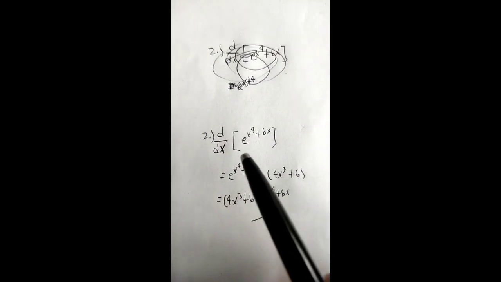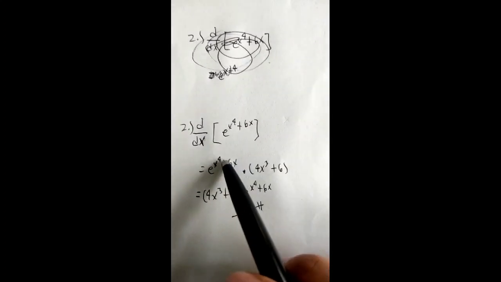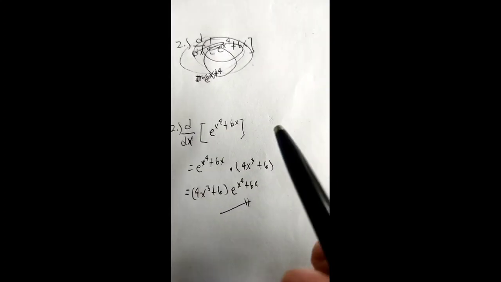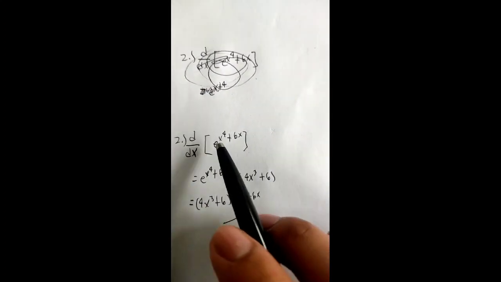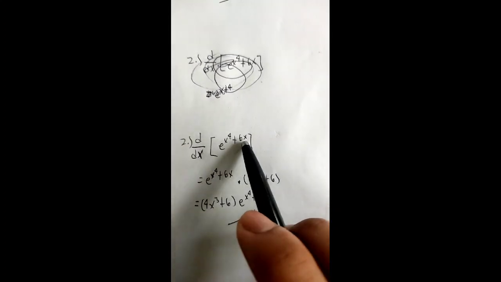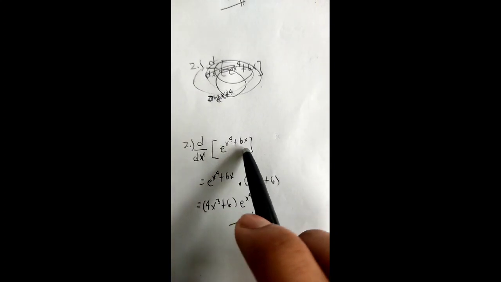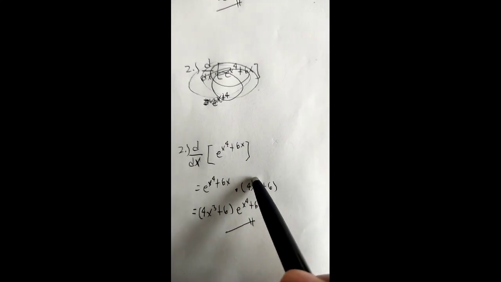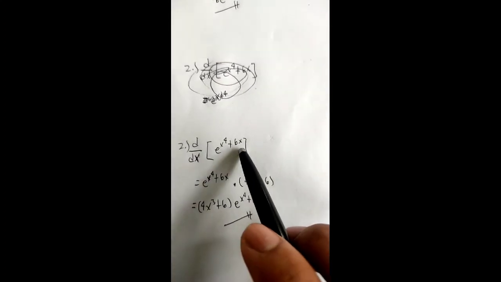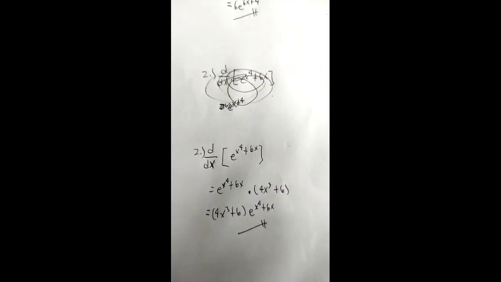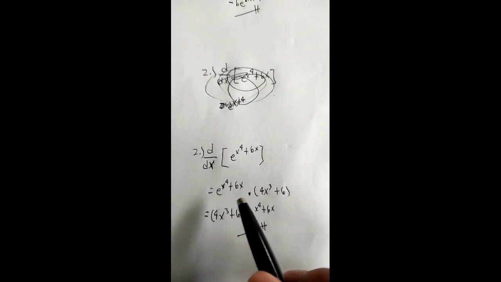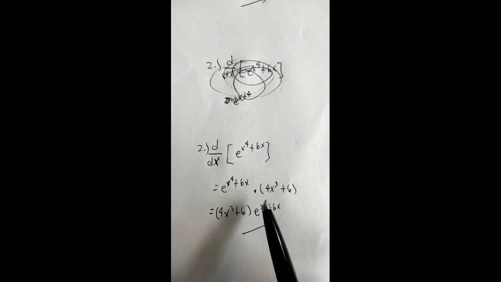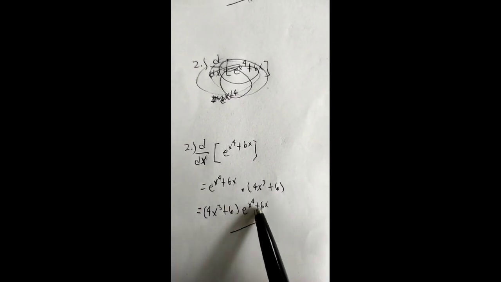That would be equal to e raised to the function, which is x raised to the fourth plus 6x, multiplied by the derivative of the function. Don't get confused, because we're just going to get the derivative here on top, because that's just our function, or our f of x. So the derivative of x to the fourth would be 4x raised to the third, or 4x cubed, plus the derivative of 6x, which is just 6. And we're going to multiply them. That would be equal to 4x cubed plus 6 times e raised to x to the fourth plus 6x.